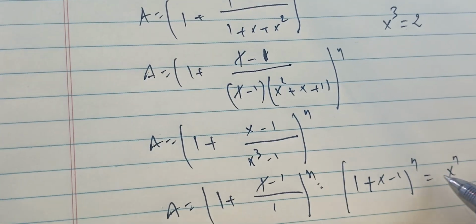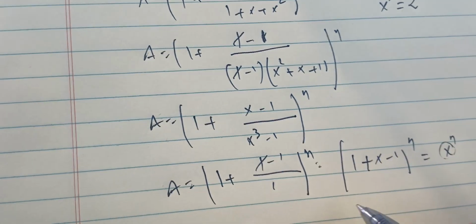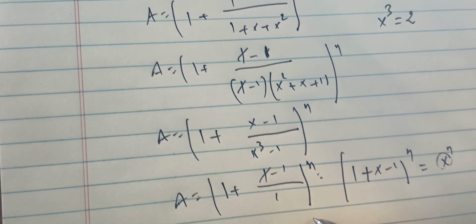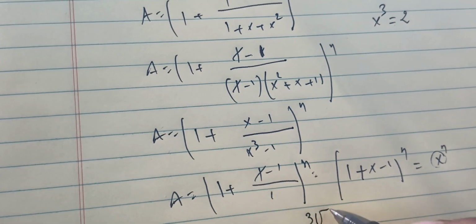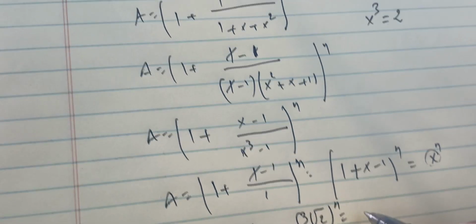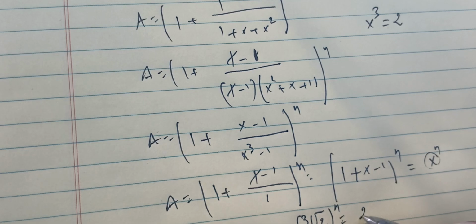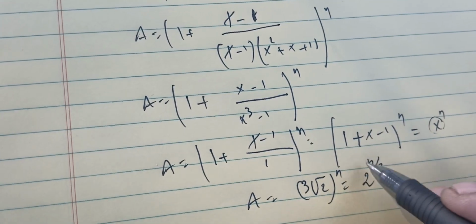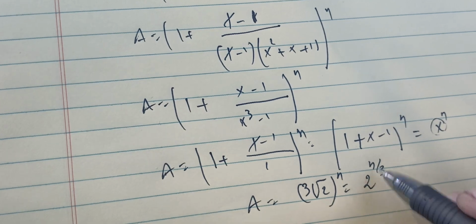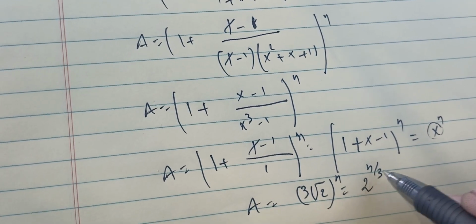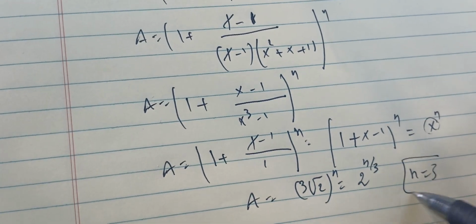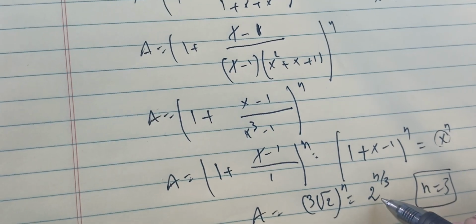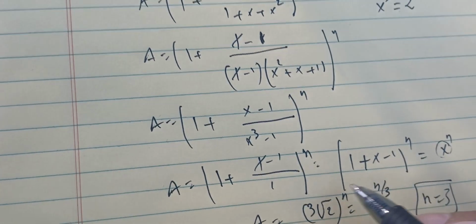And what's my x? It's the cube root of 2, so a is the cube root of 2 to the power n, which is 2 to the power n over 3. To have this be the smallest natural number, I think n equals 3 is enough, and I get 2.